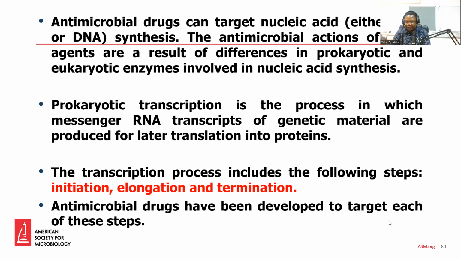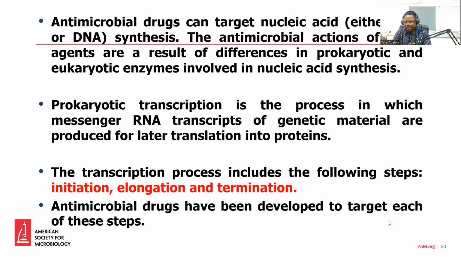in nucleic acid synthesis. And we know that prokaryotic transcription is the process in which the messenger RNA transcripts of genetic material are produced for a later translation into proteins. So we remember that we have that double-stranded DNA, then from there, there will be a formation of RNA from the double-stranded DNA.